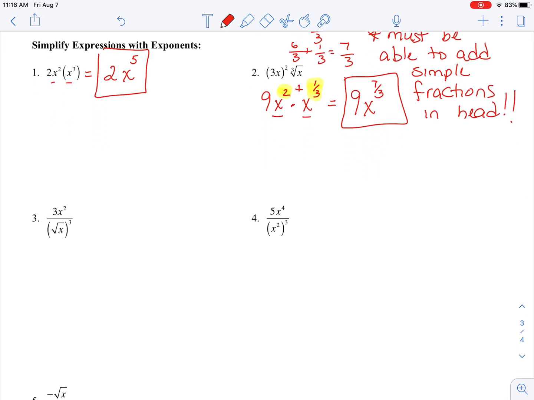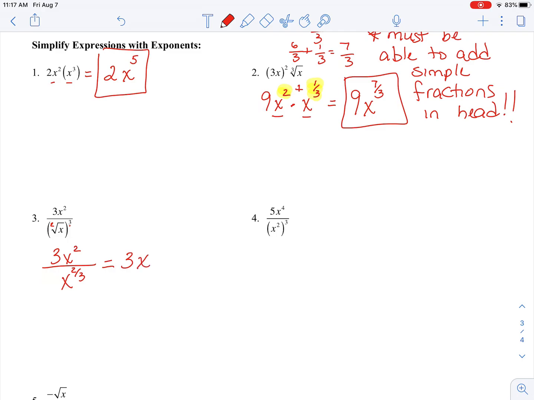In example 3, I have 3x squared over the square root of x cubed. So this is my power. My root is 2 if there's nothing there, so this is really x to the 3/2 power. So now when I divide like bases, I subtract the powers.